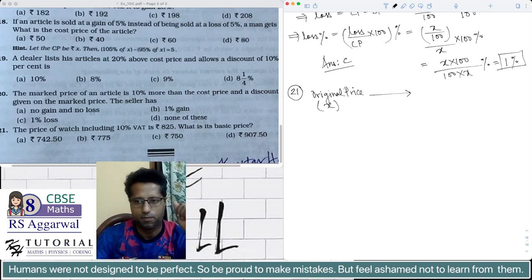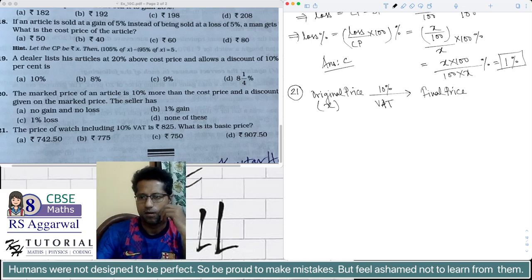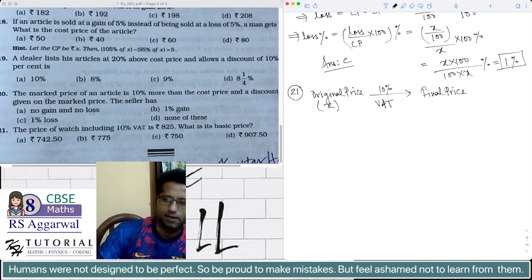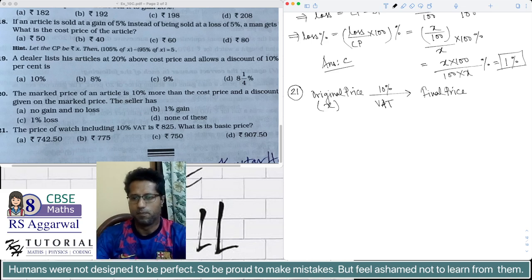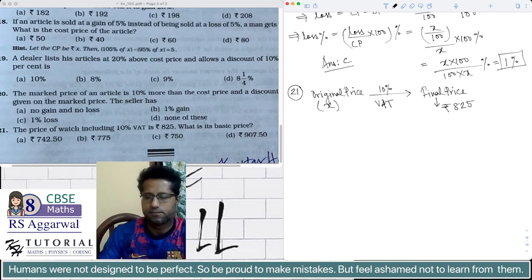In this problem there is a 10% VAT. We have the final price, or the price at which the customer purchases the article, or the amount payable, and this is given to be rupees 825. We have to find X.